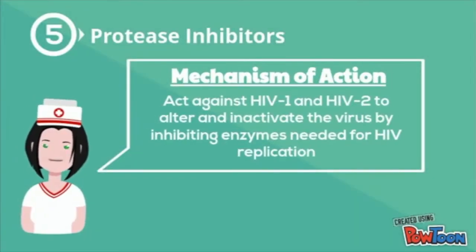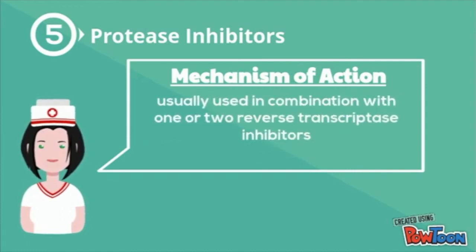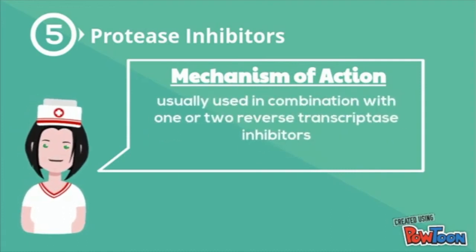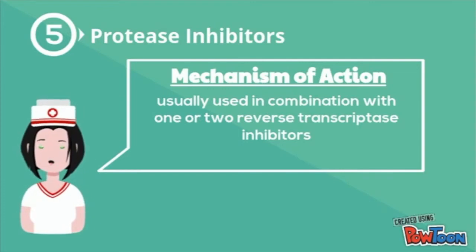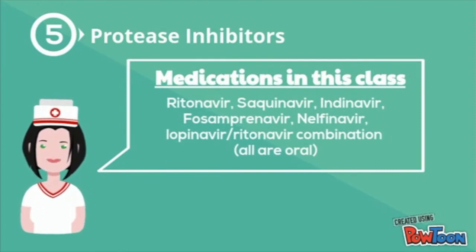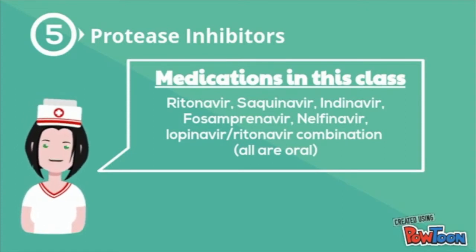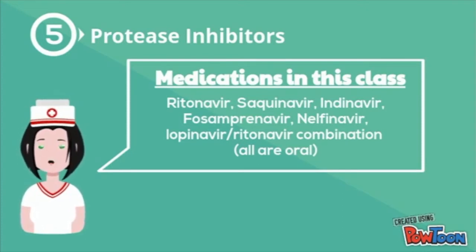Protease inhibitors act against HIV-1 and HIV-2 to alter and inactivate the virus by inhibiting enzymes needed for HIV replication. They are usually used in combination with 1 or 2 reverse transcriptase inhibitors. Medications in this class include ritonavir, saquinavir, indinavir, fosamprenavir, nelfinavir, and lopinavir-ritonavir combination.